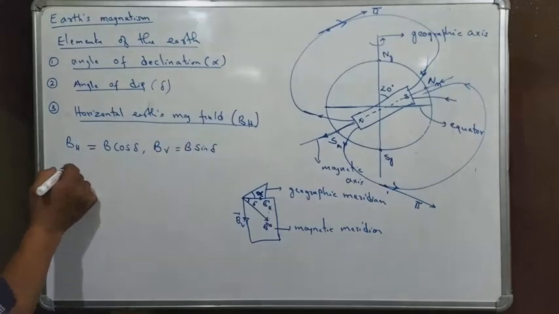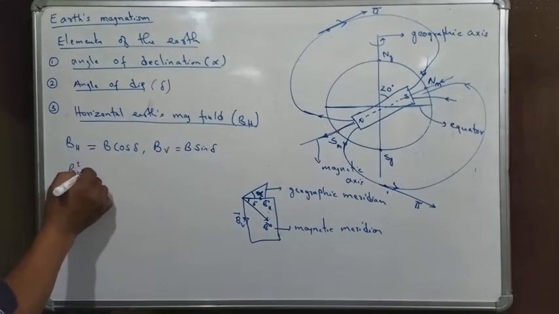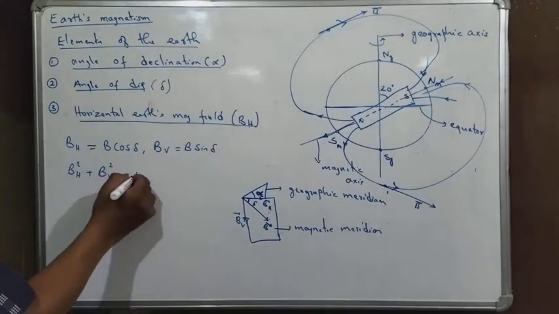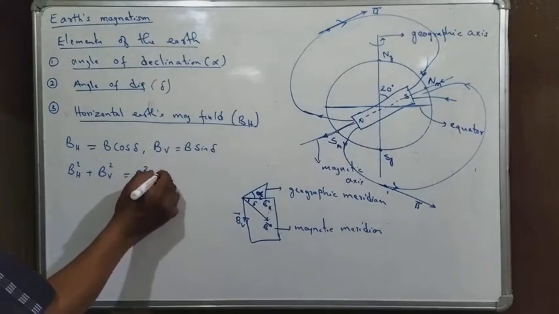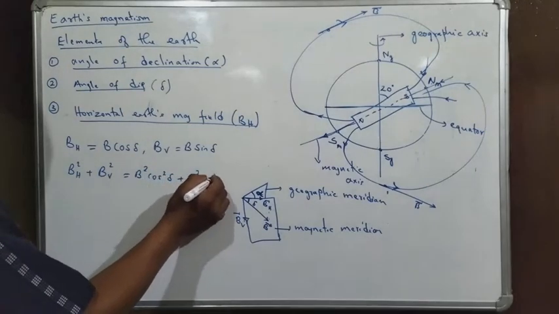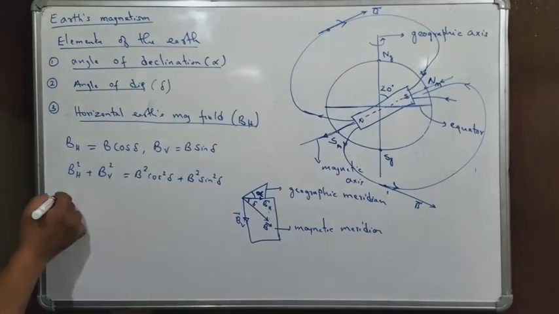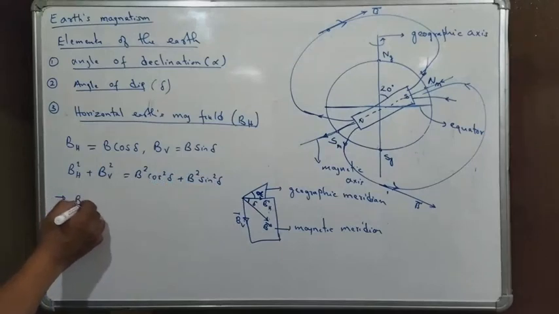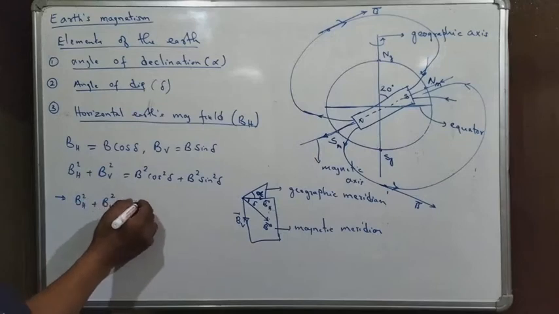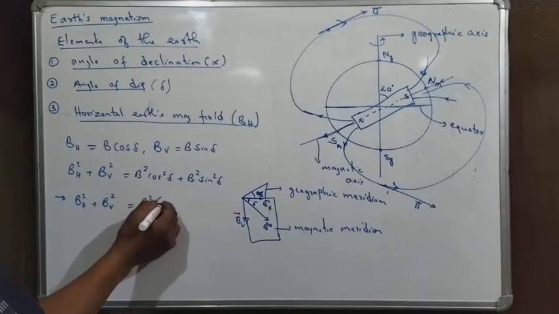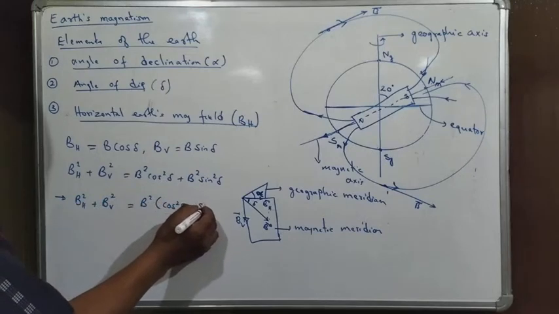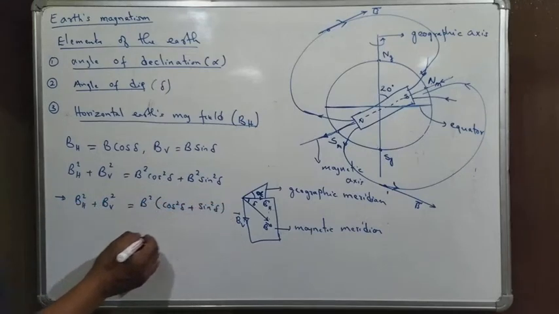If you square and add these two, you get B square cos square delta plus B square sine square delta. Or BH square plus BV square equals, taking B square common, B square times cos square delta plus sine square delta.